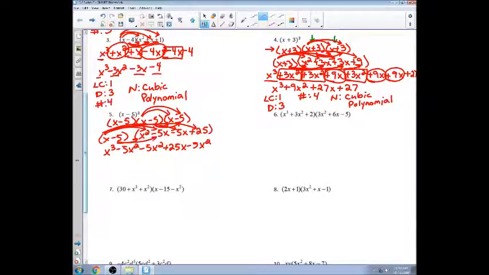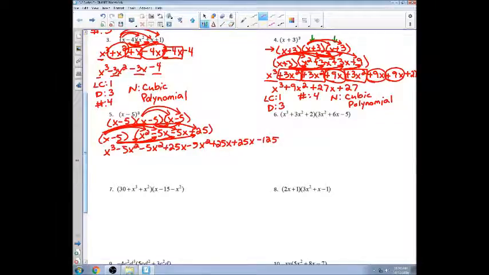Negative 5 times negative 5x would be a positive 25x. Again, a positive 25x. And negative 5 times 25 would be a negative 125. I apologize.